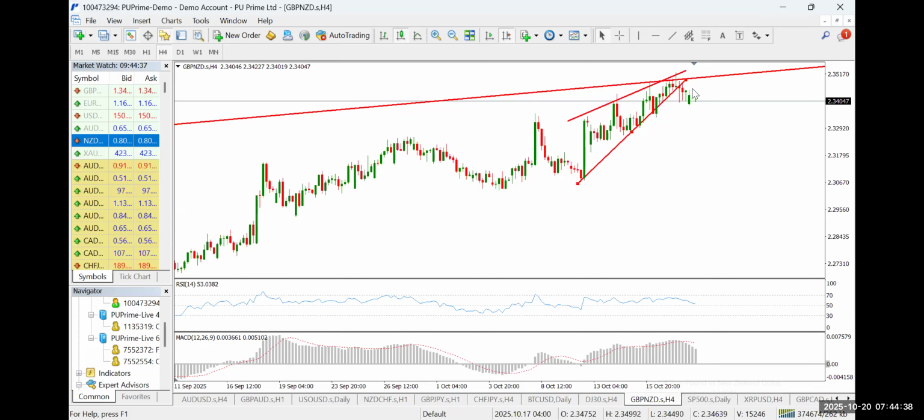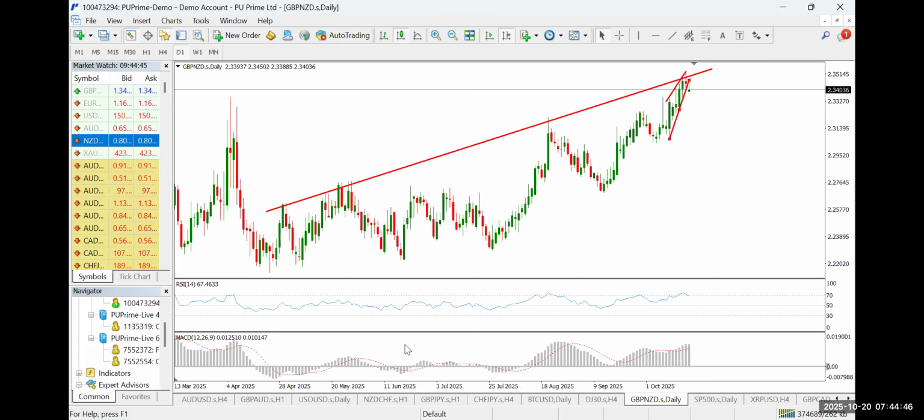Now, this is actually part of my analysis for last week, I think. For GBPNZD, on the daily time frame, you can see that price is making an uptrend, making higher highs, higher high, and higher high. And the candle that closed last week Friday closed as a rejection candle, a bearish one.